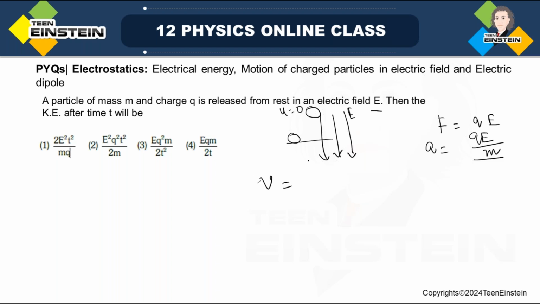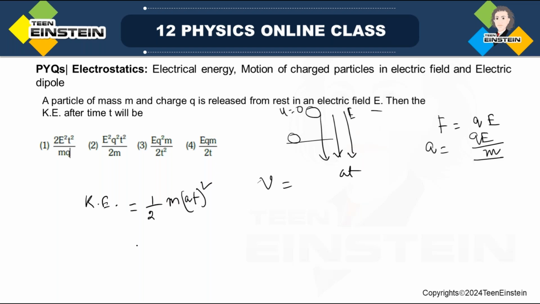We have to find out what is the velocity after time t, so that is u plus at. So u is equal to 0, therefore I can write v is equal to at. So we have got the velocity after time t. So what will be the kinetic energy? Half m v square, where v is at, whole square.